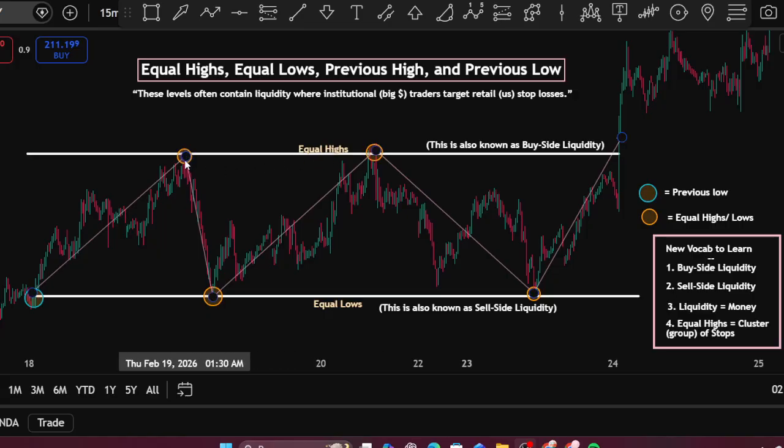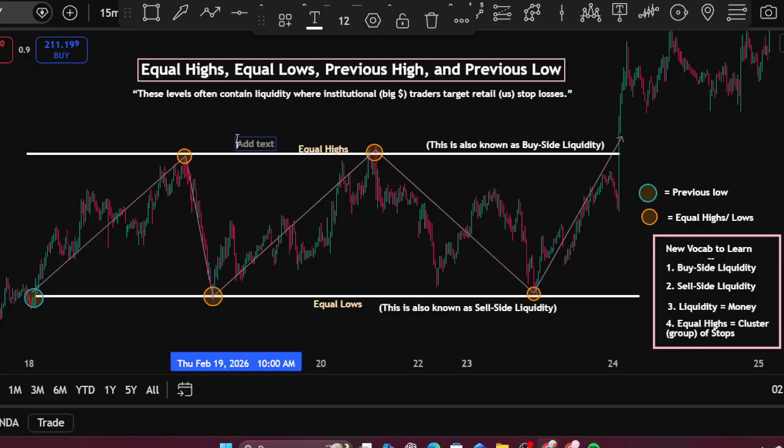So you can see that I have two orange circles to indicate what I'm talking about. You can clearly see that it reached the equal highs twice. So many traders place their stop losses right above those highs, right here.